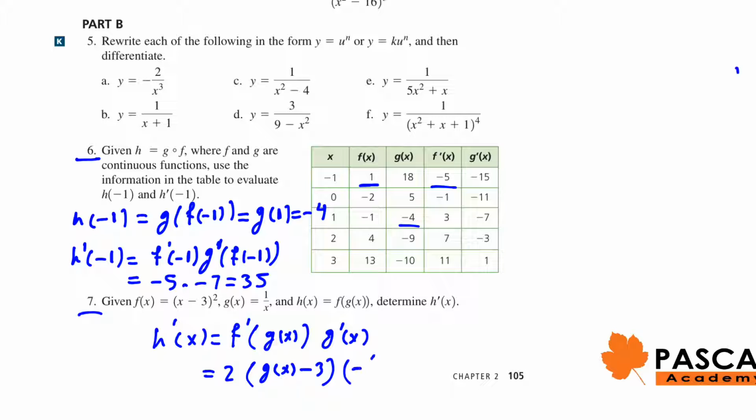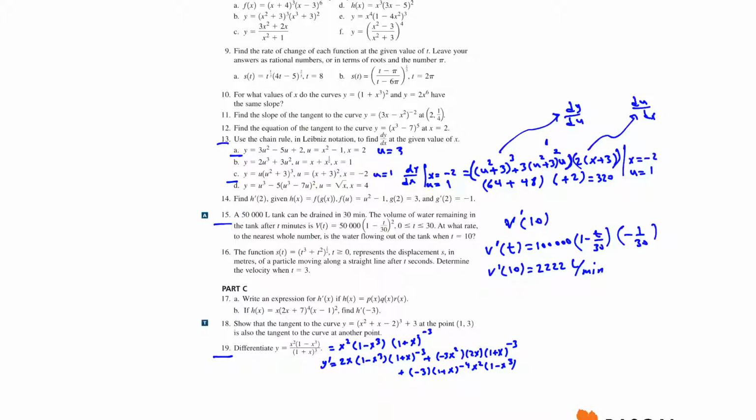Derivative of 1 over x is negative 1 over x². Therefore, h prime of x is negative 2 over x² times (1 over x minus 3).